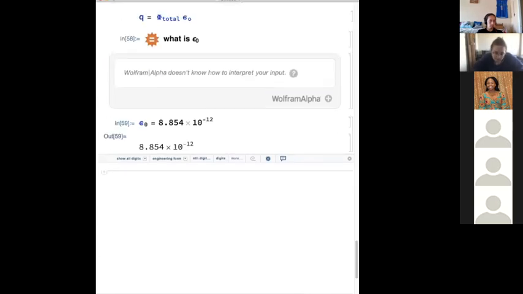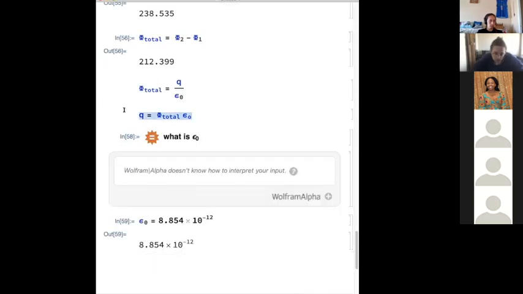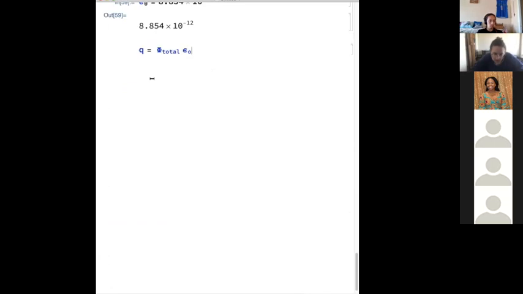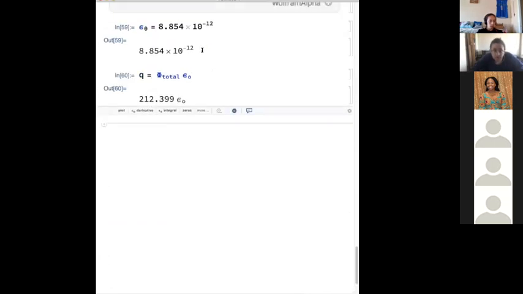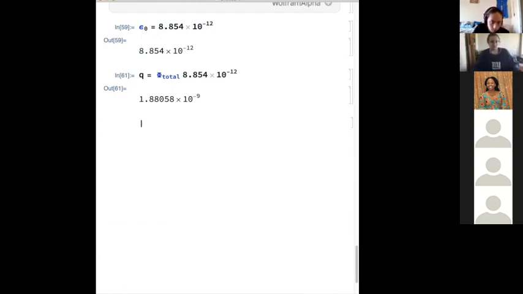There it is. Okay, so now we can plug this in to find the total Q value. And no, I want this value. I don't know why it's being so difficult. Okay, so I'll plug this in here. There we go. So the total Q then is going to be that.